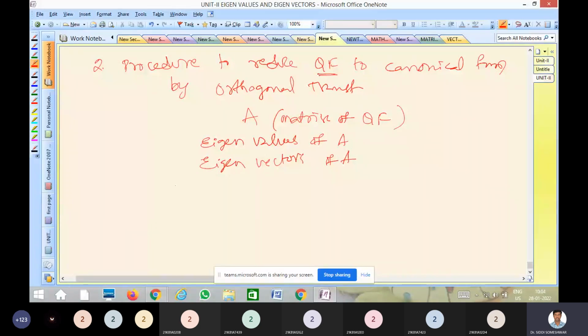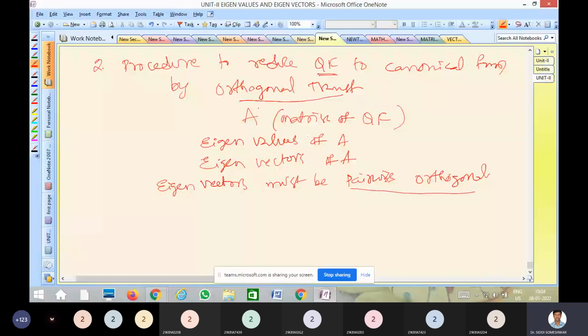The eigenvectors must be pairwise orthogonal, because we are writing the canonical form by orthogonal transformation. If they are not pairwise orthogonal, you have to make them pairwise orthogonal. You know the method of converting into pairwise orthogonal vectors; we will solve two problems on this method.